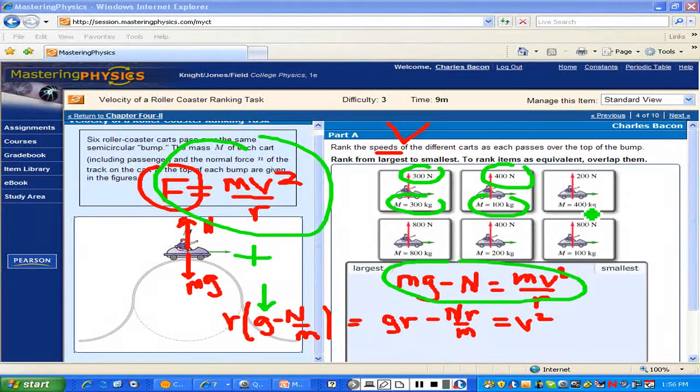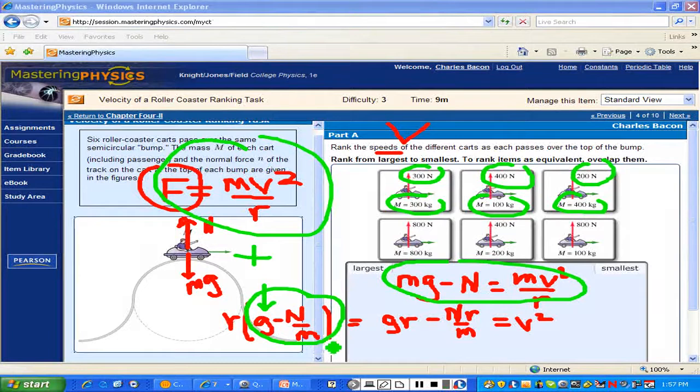So go through each of those ratios of the normal force and the mass, plug them into this equation, and see which ones give you the largest quantity inside the parentheses. It's not just the ratio n over m, it's g minus n over m that's important. Okay, I hope that helps.